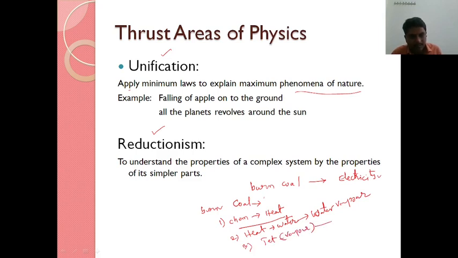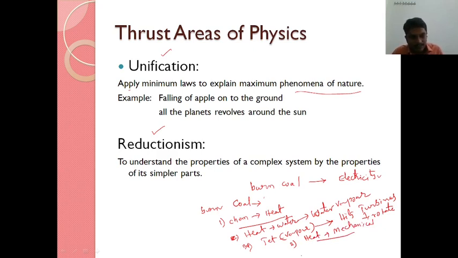When high pressure vapor hits the turbines, they will rotate. Okay, what is happening here in the second step? Here heat energy is converted into mechanical energy. Here we need to apply a second set of principles.